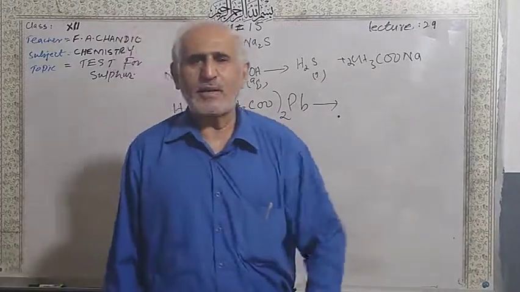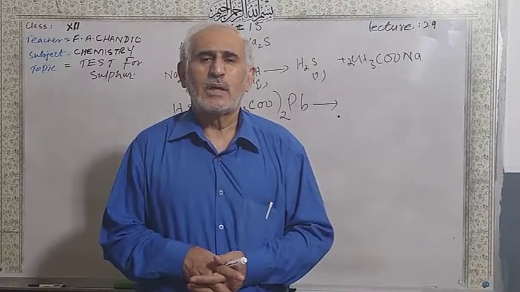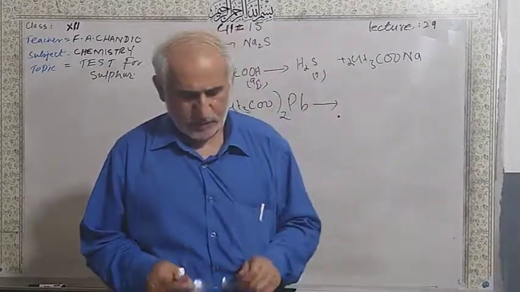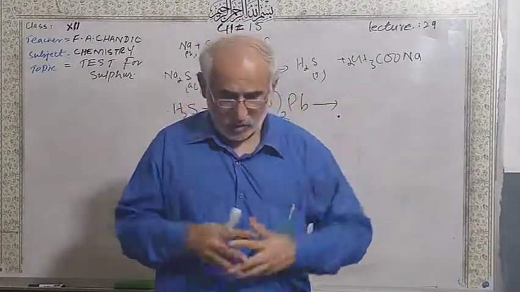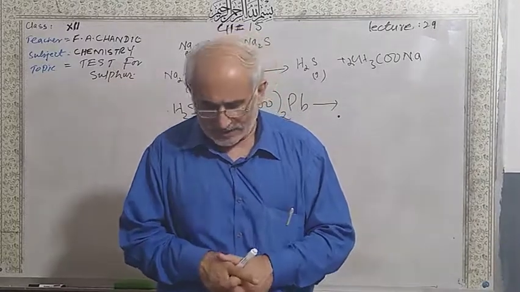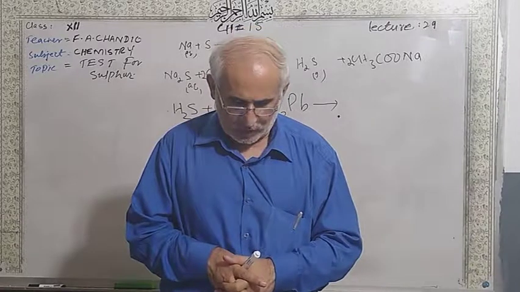If an organic compound containing sulfur is given to you, just like thiourea, thiourea contains sulfur, or other compounds may be present. So take a small portion of Lassaigne solution, acidify using acetic acid and boil. Hydrogen sulfide gas is going to be evolved.